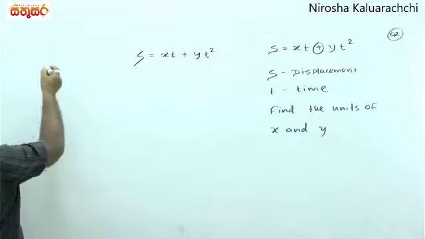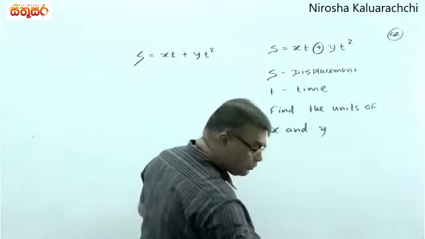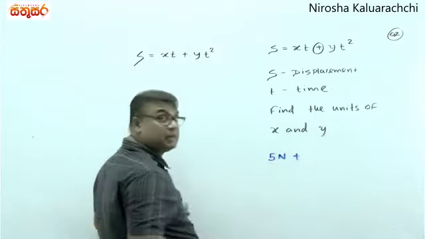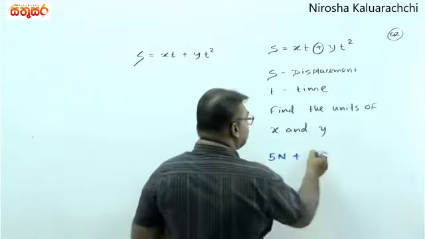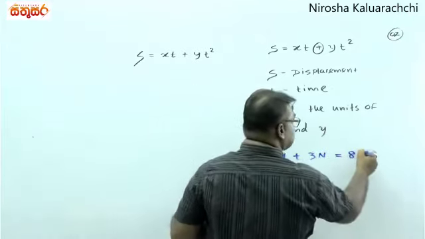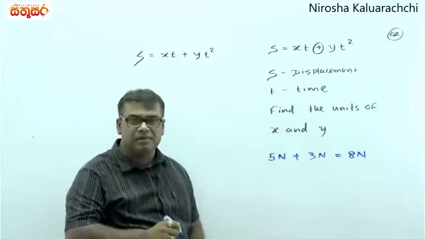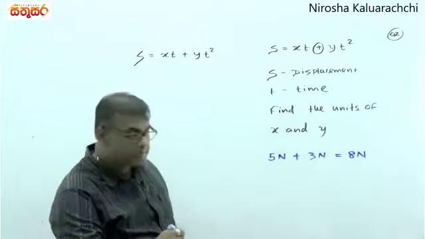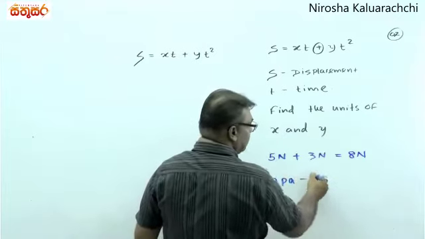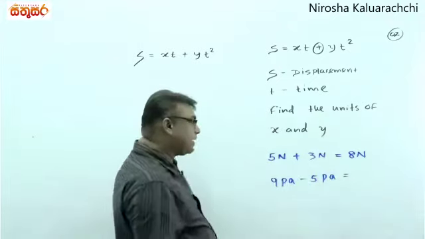When you have this kind of expression, if you are asked to add 5 Newton and 3 Newton, very simple thing, the final answer should be 8 Newton, right? 9 Pascal minus 5 Pascal should be 4 Pascal.